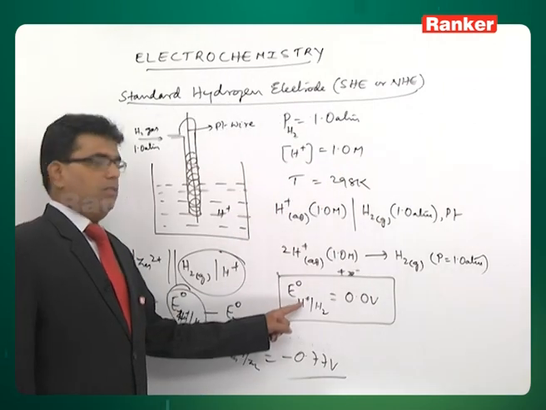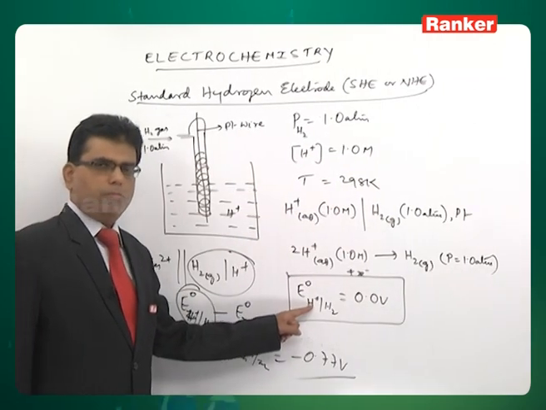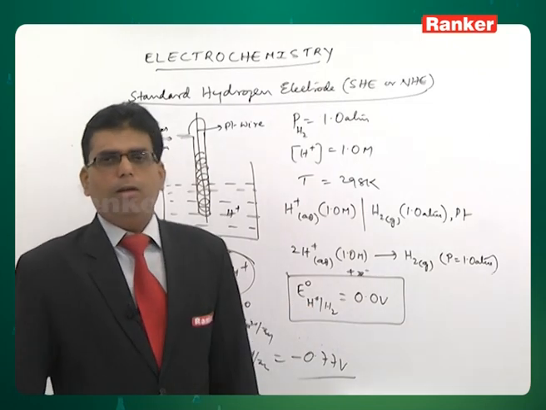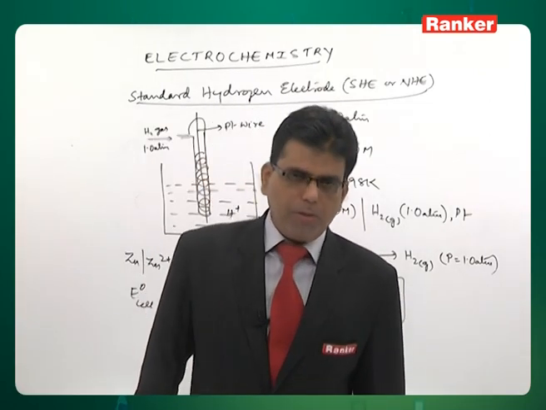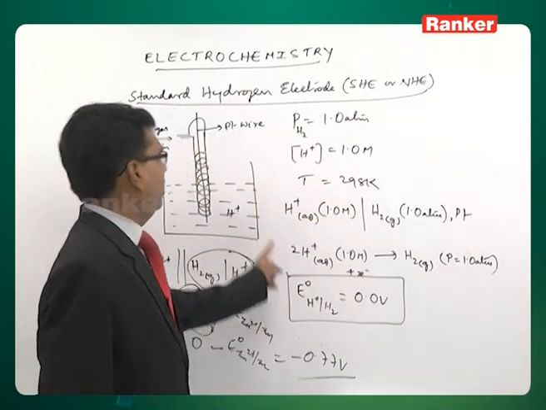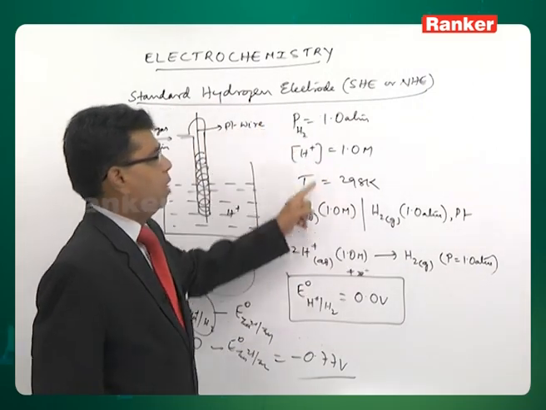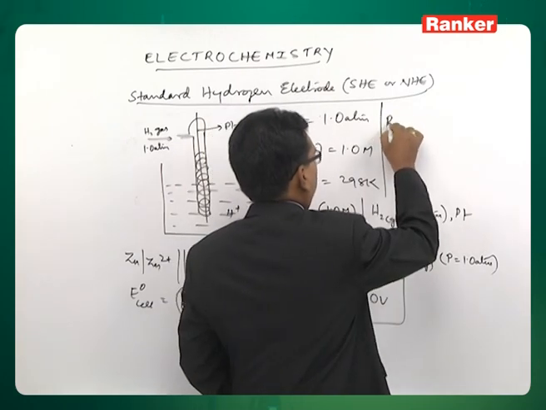So using this reference electrode, the values of other electrodes have been determined. This is called the standard hydrogen electrode, which is a primary reference electrode.